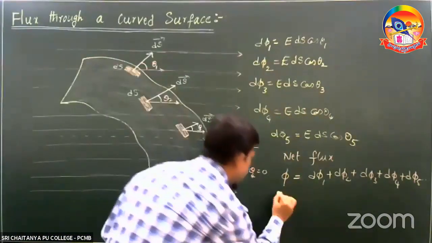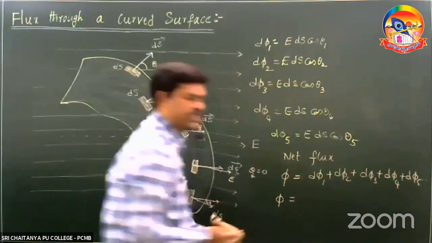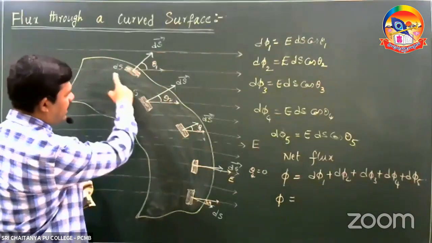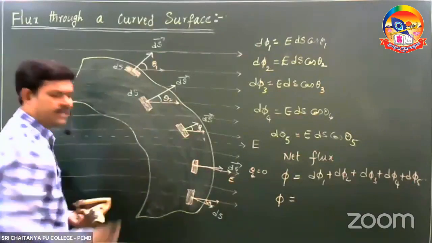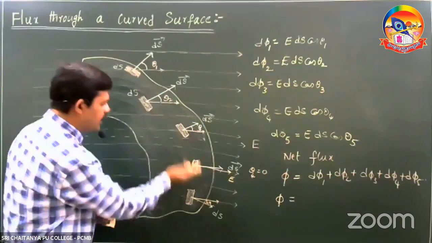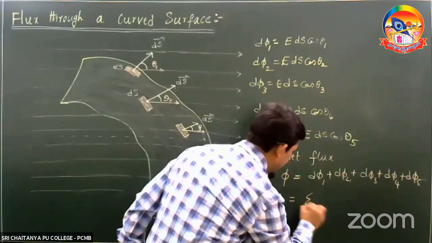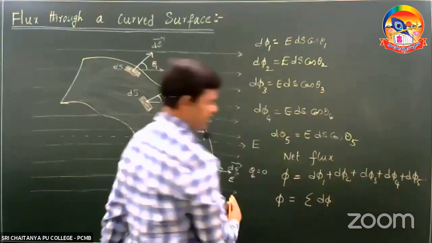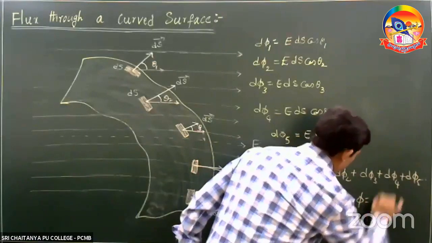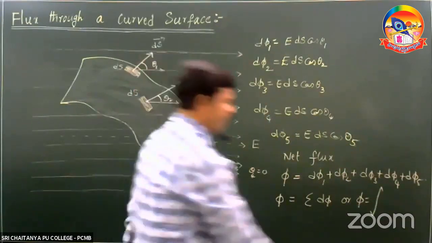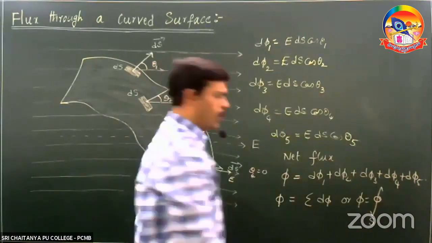How can we write this? Phi. Either a summation we can write, or, since this is a curved surface in which small elements are divided, it's a continuous body. In that case, either we can write d phi, or we can write the integral, surface integral over.